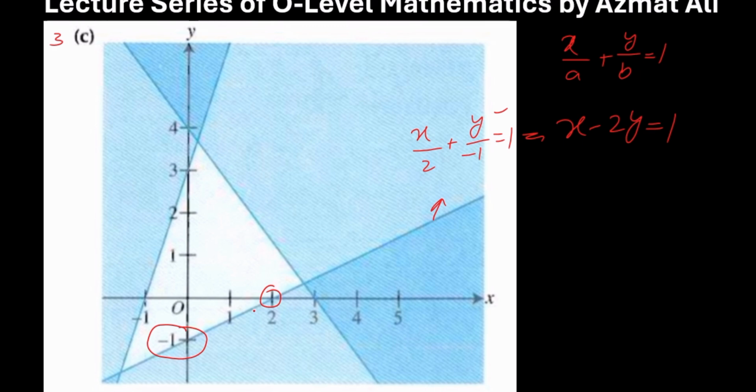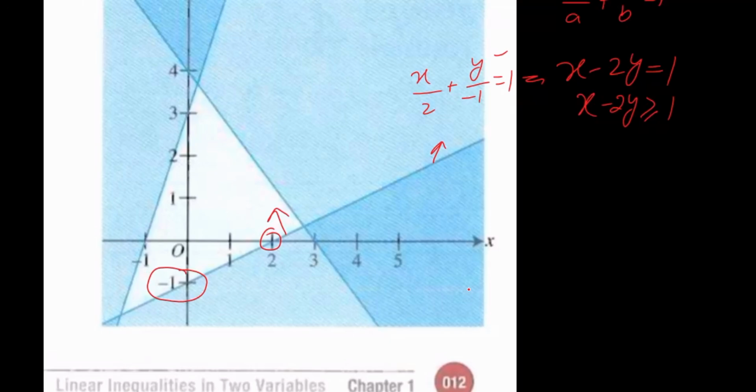Next one, as the unshaded region is above this line, so we have the associated inequality x minus 2y greater than or equal to 1 here. Okay, I have made some mistake here.